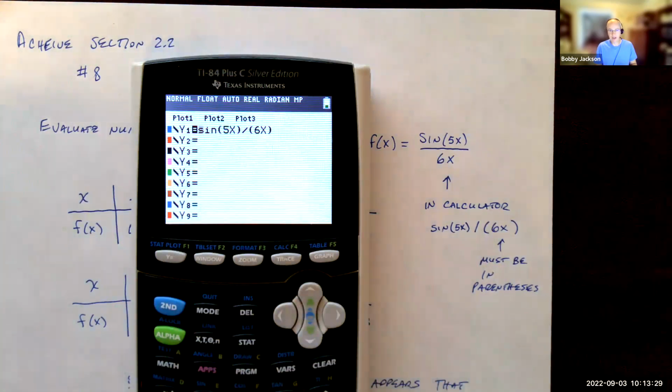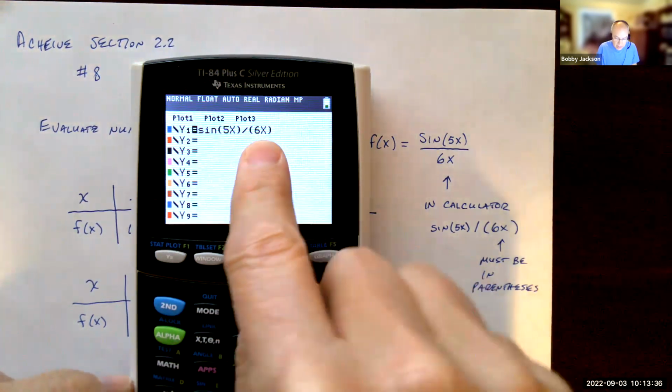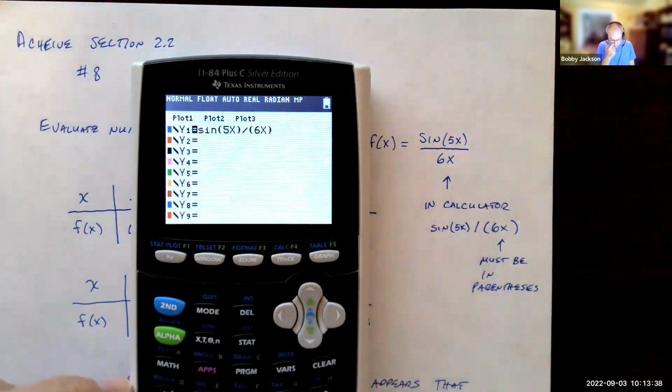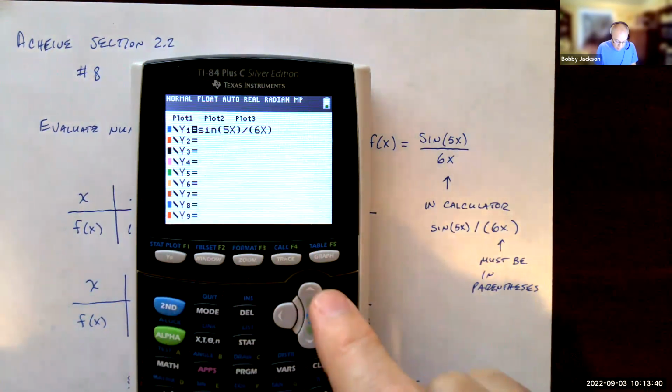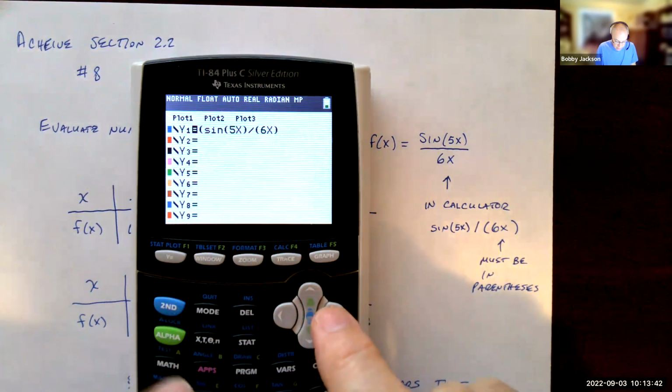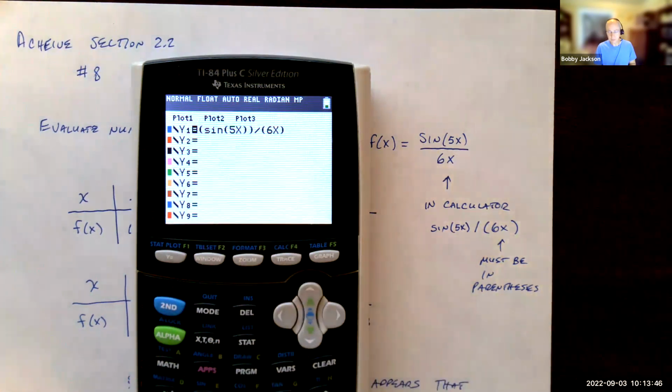So it's going to do the 5x first, evaluate the function at 5 times whatever x is, and then divide by, in parentheses, 6x. So to be safe, you may want to go ahead and insert parentheses around the numerator as well.